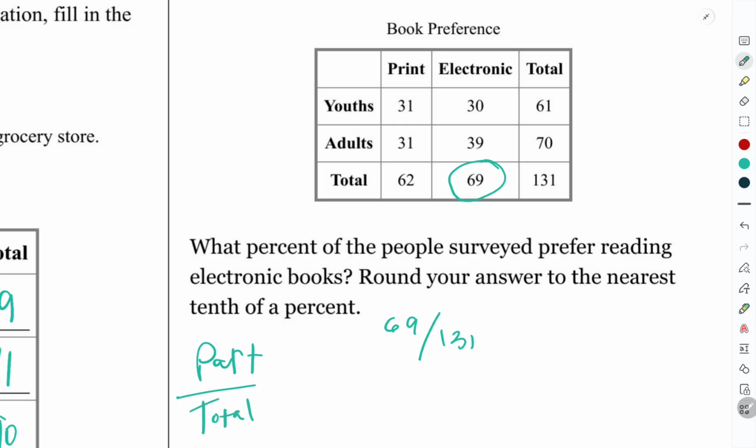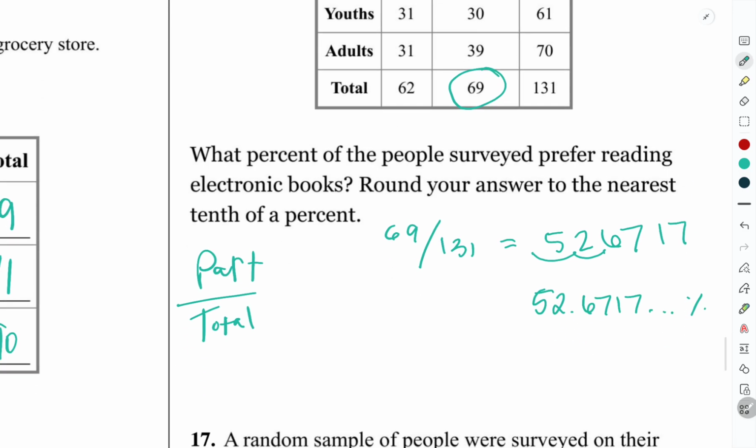So 69 people out of 131 total is 0.526717. Round to the nearest tenth of a percent. If I'm going to convert this to a percent, that's 52.6717%, and I would round my 6 up to a 7.